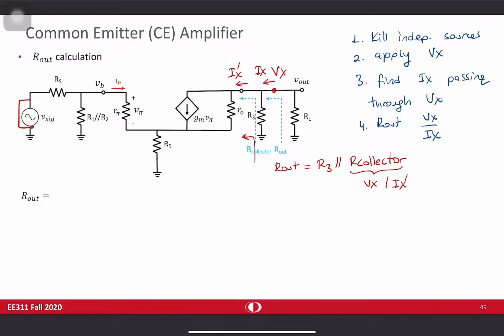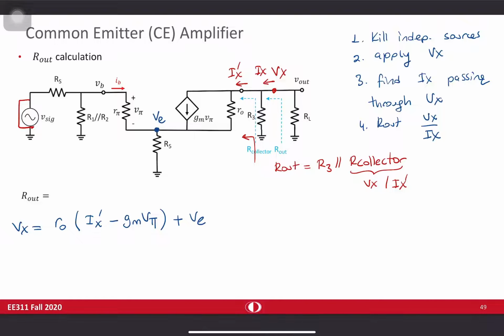So in that case, your Vx value will be the voltage drop across R0 times Ix prime minus Gm V pi plus VE. For the sake of simplicity, I'm going to assume that Rs is equal to 0. Only for this solution, okay?